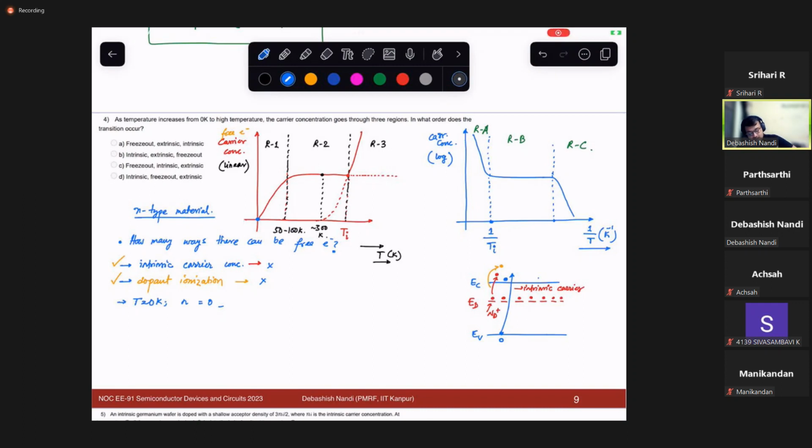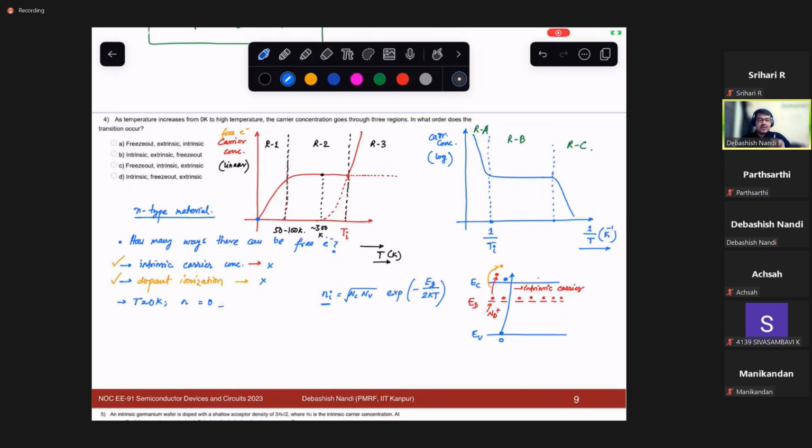Now think about this. Ni is equal to root over Nc Nv times exponential of minus Eg by 2kT. Okay, for silicon, let me ask you this way. Let us not go mathematically, let us go qualitatively.